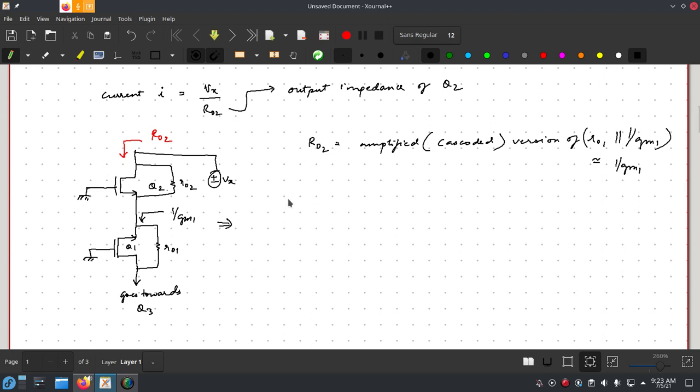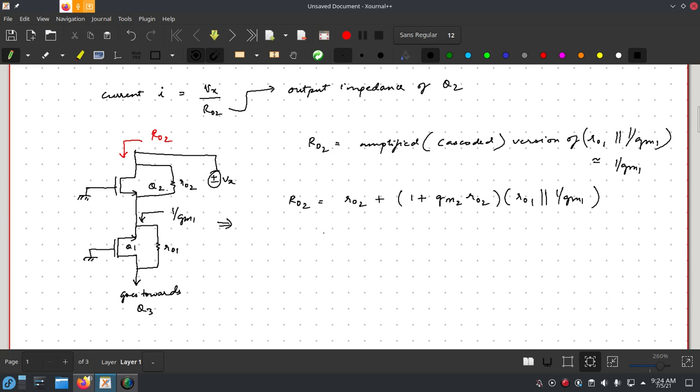So how do I write this R02? I can write it as small r02 plus the intrinsic gain of Q2, which is 1 plus GM2 r02, times R01 parallel 1 by GM. Remember, this is the output resistance of a cascode amplifier. That is how this equation comes into the picture.